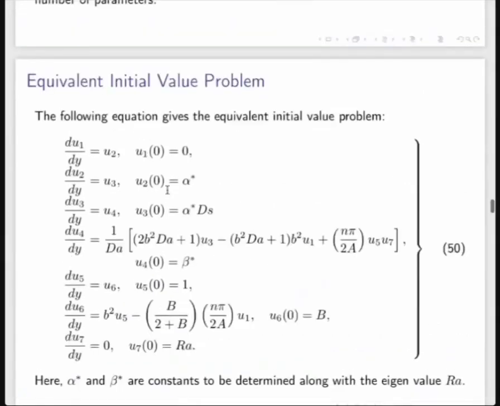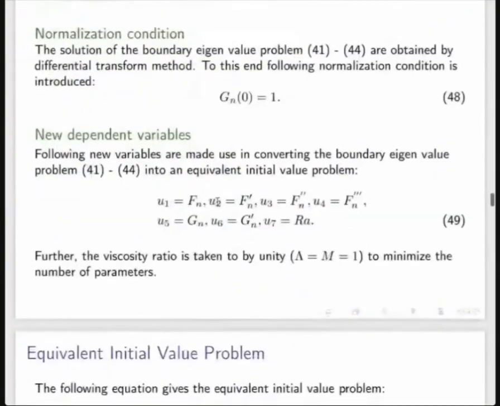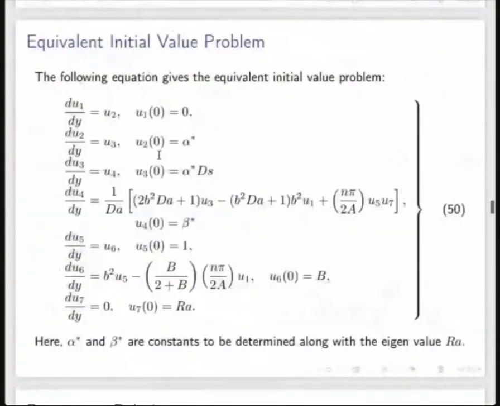Okay, and the corresponding boundary conditions are being converted by using what are called missing initial conditions. Okay, so u20 is not prescribed, so I'm assuming it as alpha star, and similarly u40 is also being assumed as beta star.